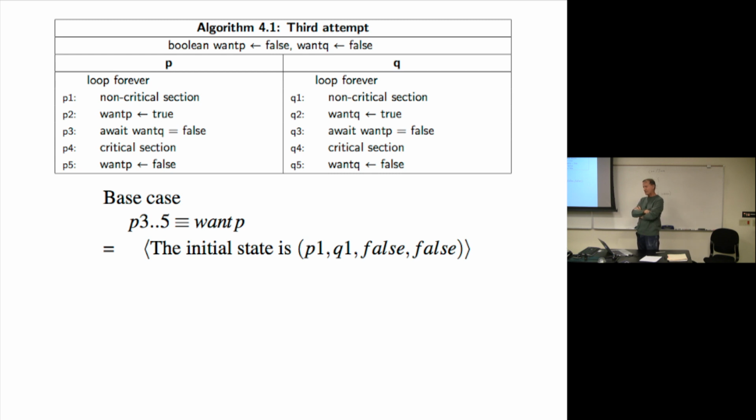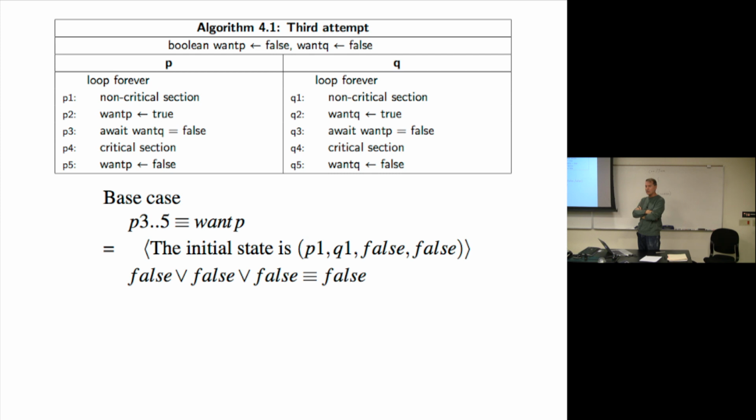So can somebody tell me, what is P3.5 in that state? You are right, it is false. Why is it false? Because it's P1, not P3 or P4 or P5. And what about wantP? Right, so therefore this is false or false or false equivalent to false.